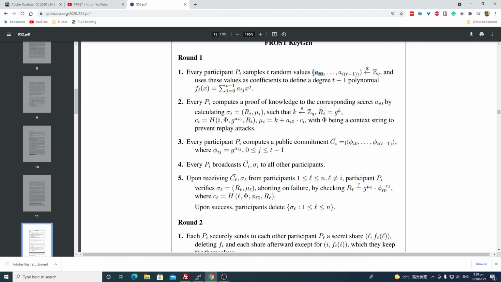And the commitment here is used so that if a guy is not cooperating with the protocol and he fakes the knowledge of this, then he will be caught by not being able to provide the proper commitment. So he has an additional part where he has to prove that he indeed knows that term.